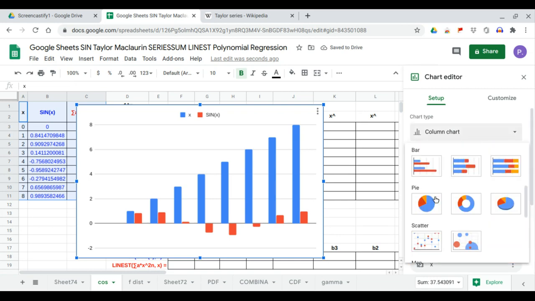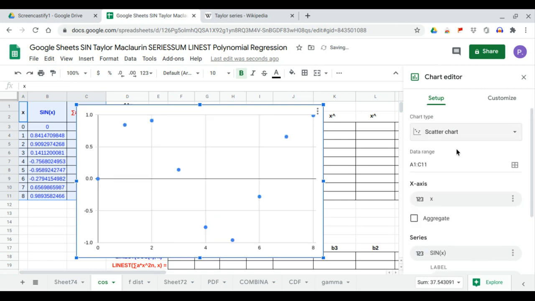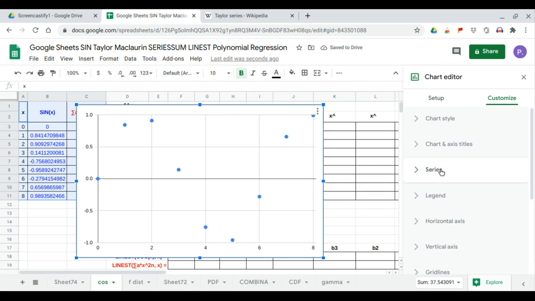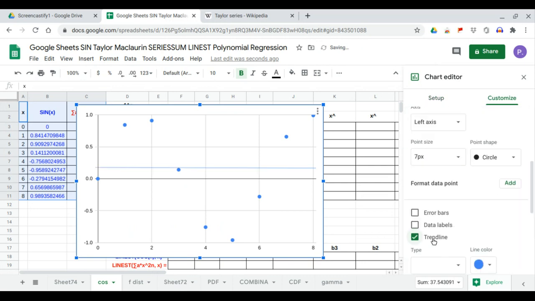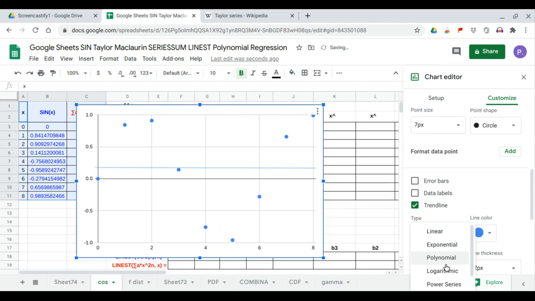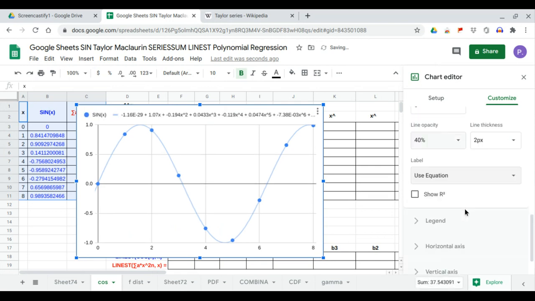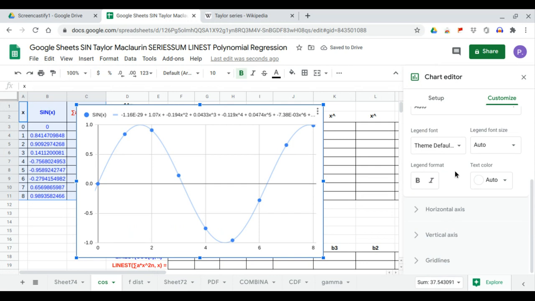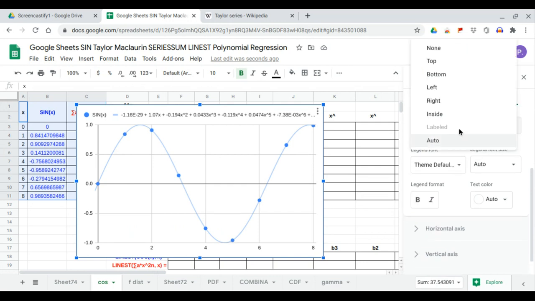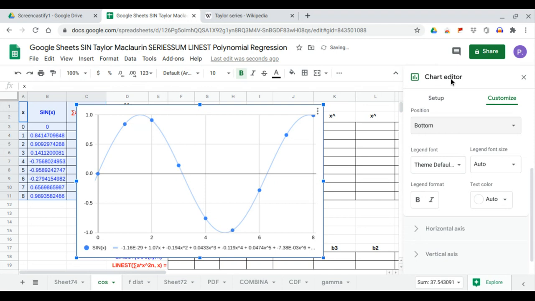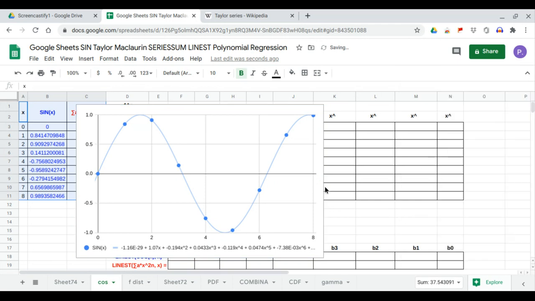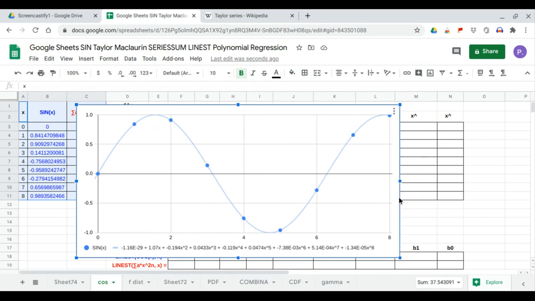We use scatter chart and generate a trend line raised to the power or to the degree 8, polynomial to the degree 8, and use the equation as label and relocate the title to the bottom. So the label will be at the bottom for easy comparison with the polynomial regression.